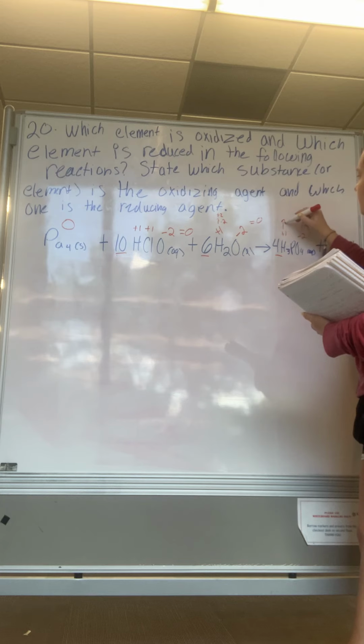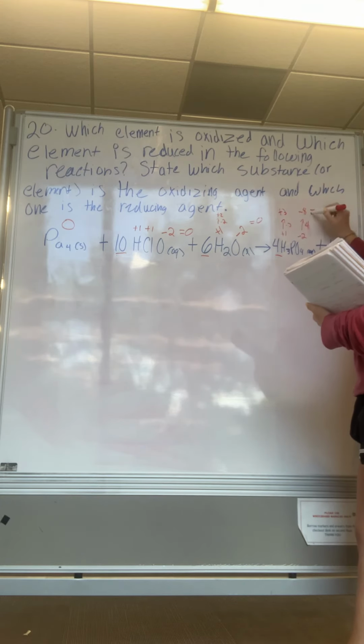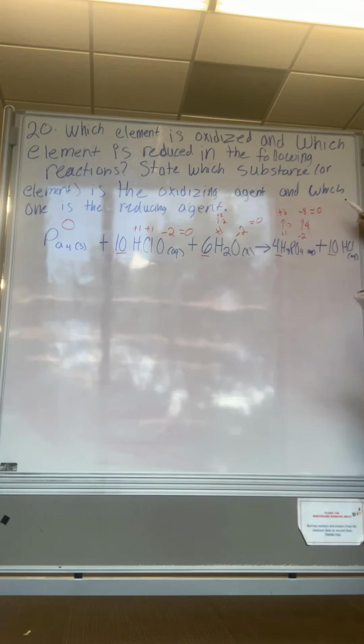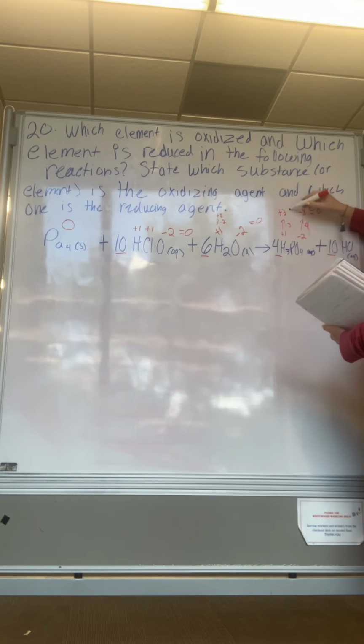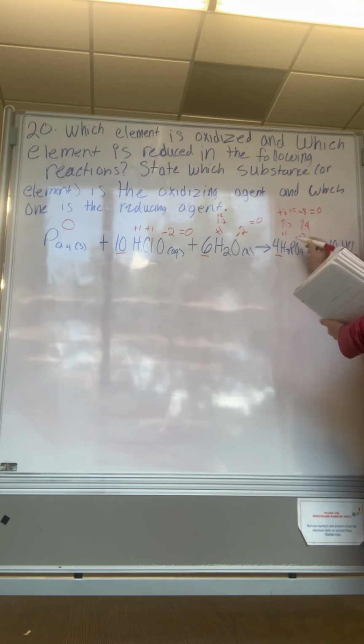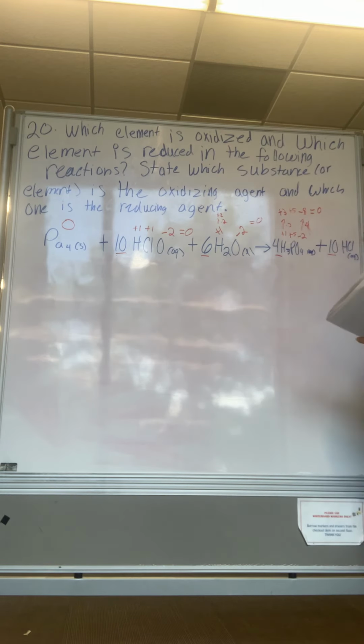There's 3 hydrogens, so multiply it by 3 to get a +3, and we want it to equal 0. So the charge of P must be +5. So we can write +5 for the charge of P. Then we have HCl. Hydrogen is +1 with a nonmetal, so +1. It has to equal 0, so chlorine must be a -1.